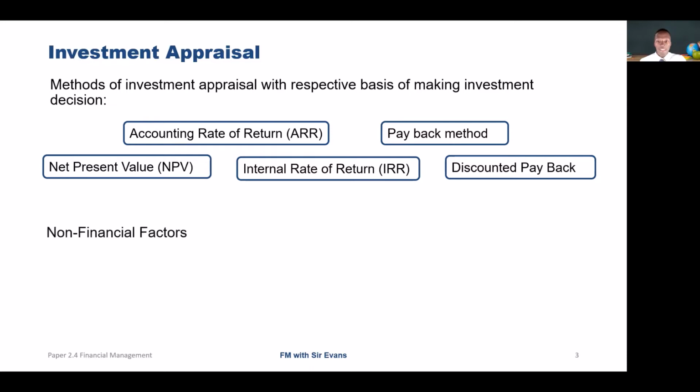Aside from all of these reasons, there are certain non-financial factors which are non-monetary in nature, and they are considered in making the investment decisions. So these non-financial factors are to a large extent situational. Based on the situation the entity finds itself in, they need to make their decisions. So one of such is, does the appraisal technique fit the corporate objective?